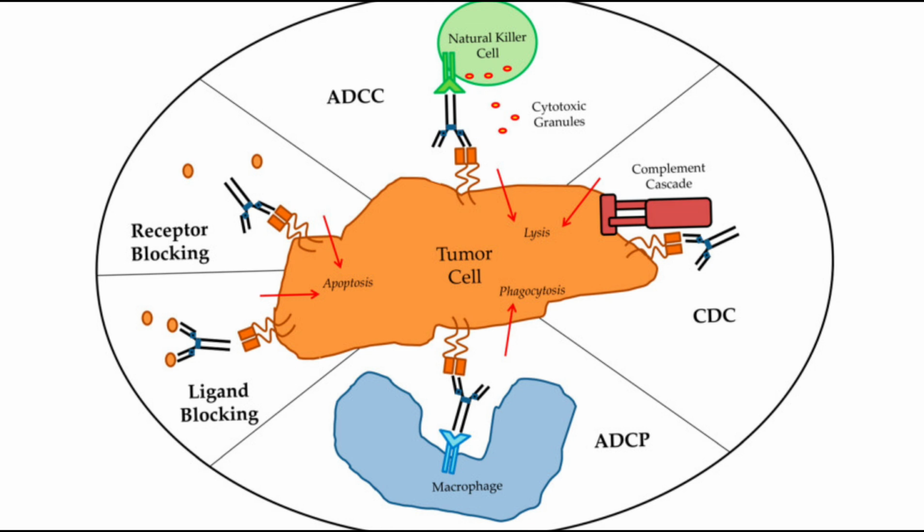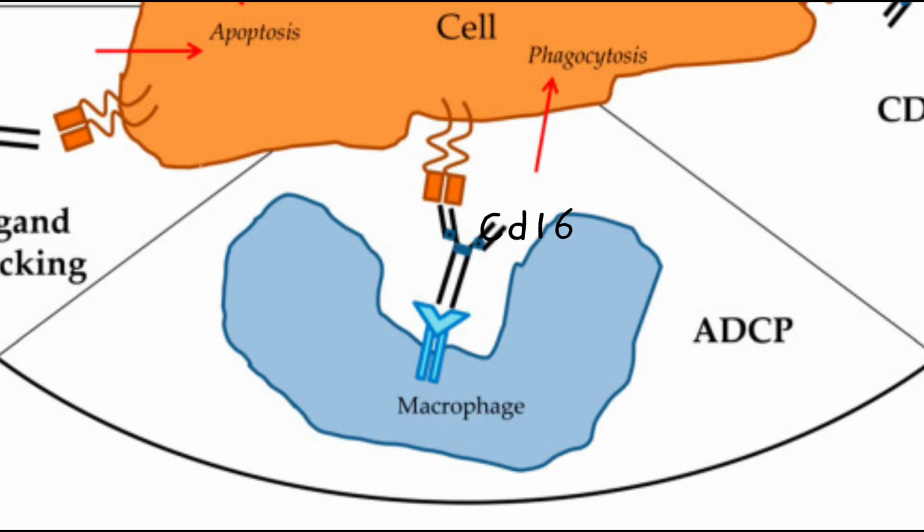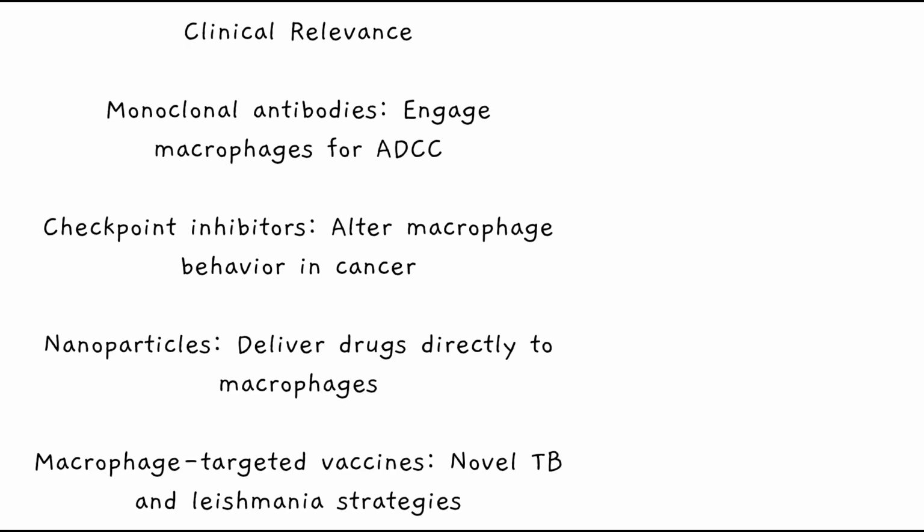Once the antibody binds to its target, the Fc region remains exposed, and this is recognized by the Fc gamma receptor like CD16 on a macrophage. So this interaction triggers antibody-dependent cell-mediated cytotoxicity, where the macrophage engulfs or kills the target cell. The clinical example is rituximab tagging CD20 on B cells in lymphoma.